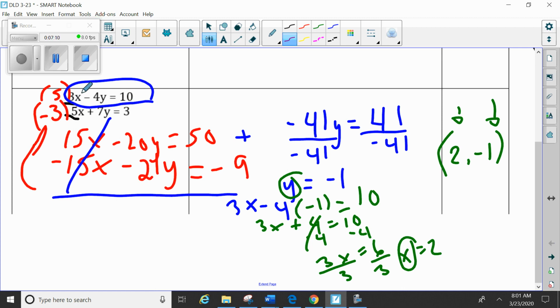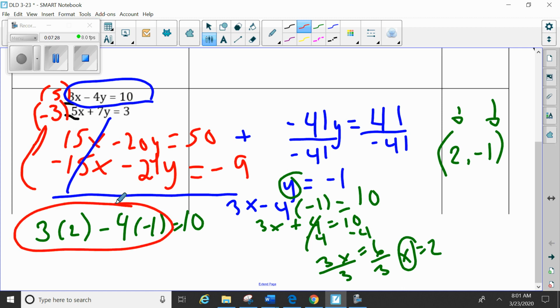Okay, so I've got 3 multiplied by 2 minus 4 multiplied by -1 is equal to 10. Okay, if in fact I solved my system correctly, I should get that this whole side is equal to 10. Okay, so let's double check.